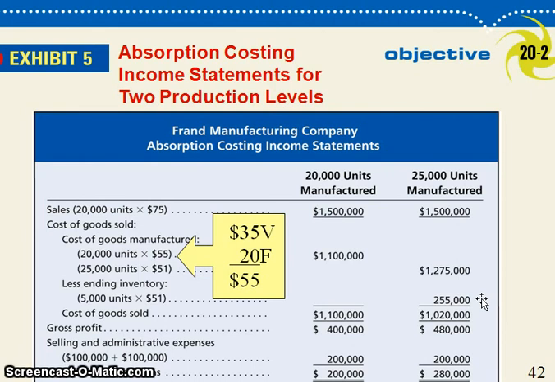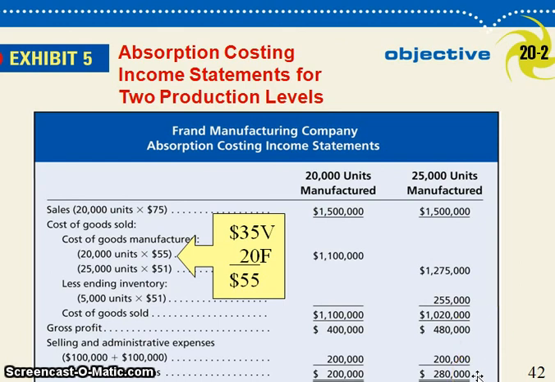So when it looks like we're selling 20,000 units and our costs should all be included in those 20,000 units, they're not. They're being included in 25,000 units. Fixed cost is being spread over more units, making it appear that our cost of goods manufactured number is lower, making our net income look higher. This is very concerning.